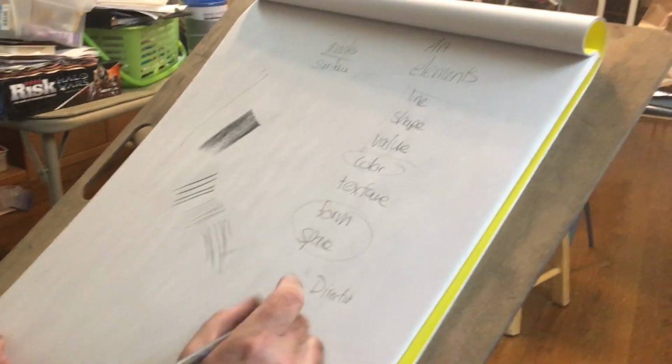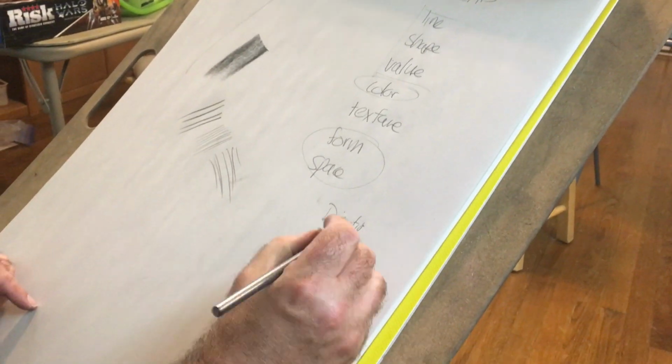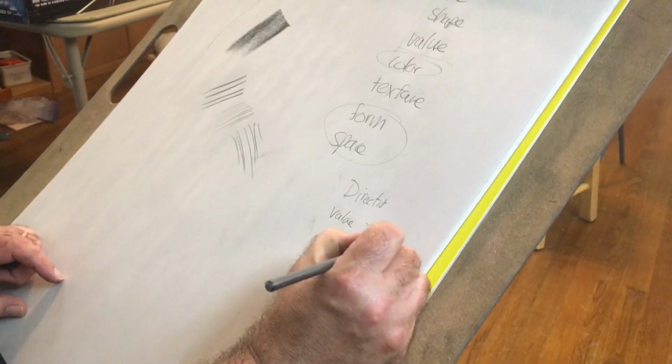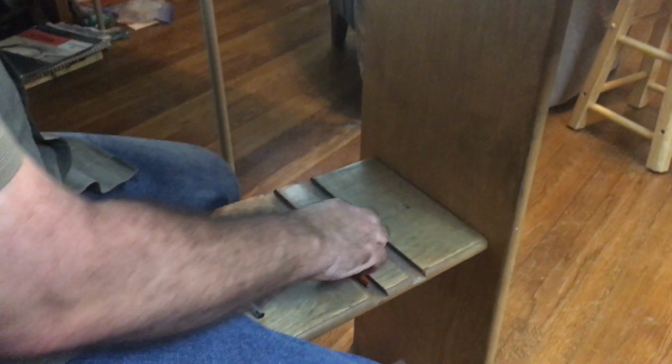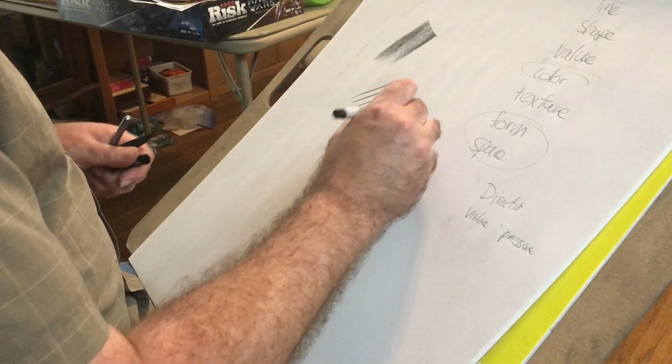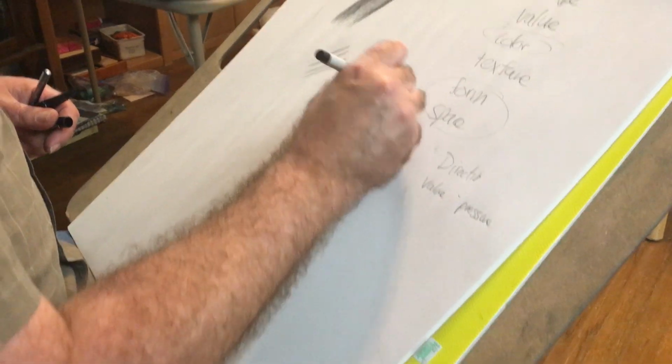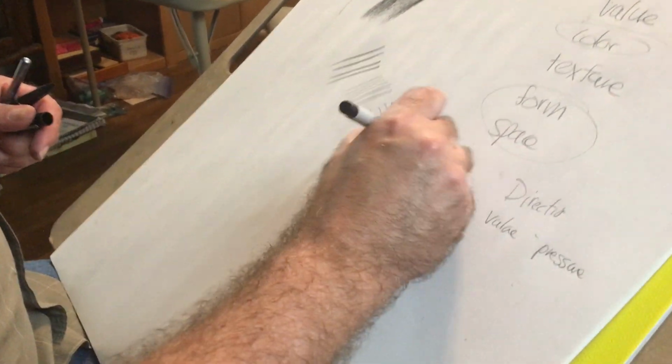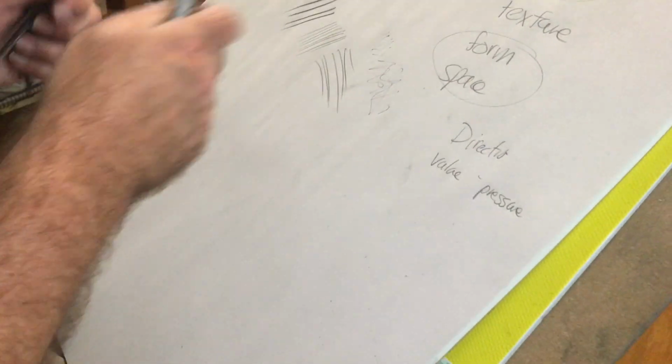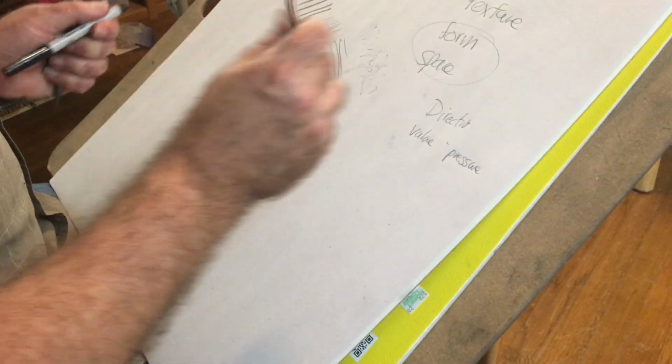Marks can vary in value, which has a lot to do with pressure, but also can have a lot to do with what tool you use. Some tools make lighter marks, and some tools automatically make darker marks. This pen is making very light marks because it's running out of ink. Oh well.